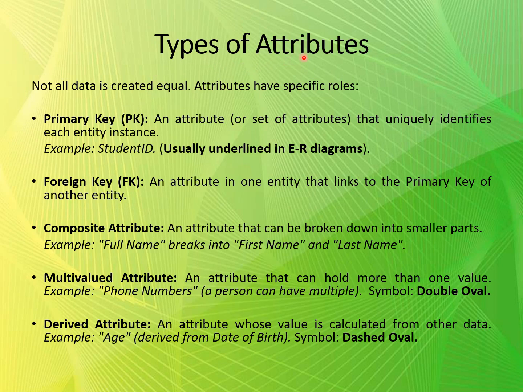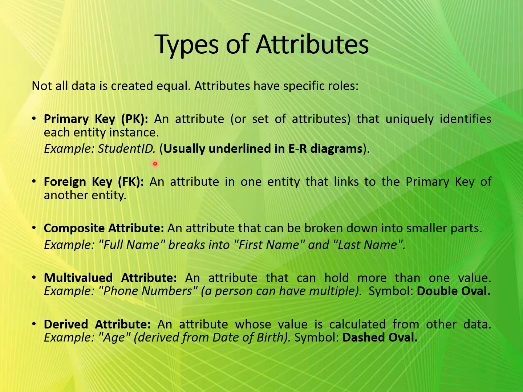We have different types of attributes. Attribute means it is a property or characteristic of an entity. Not all data is created equal. Attributes have specific roles. First, primary key. It is an attribute that uniquely identifies each entity instance.